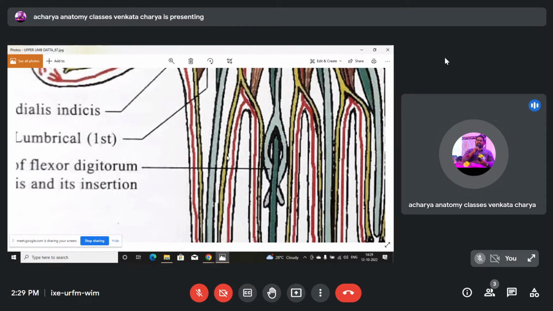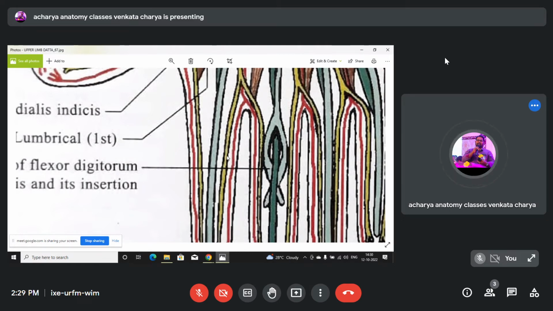Next, eighth proper distal artery supplies the medial side of the ring finger.